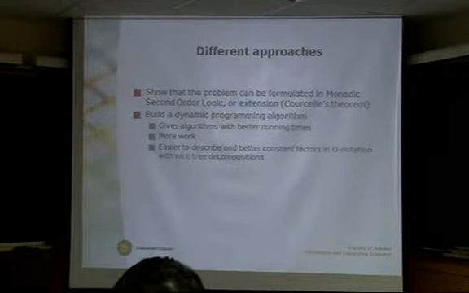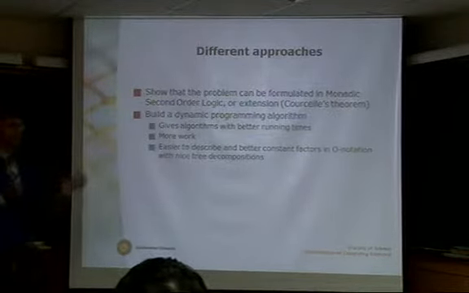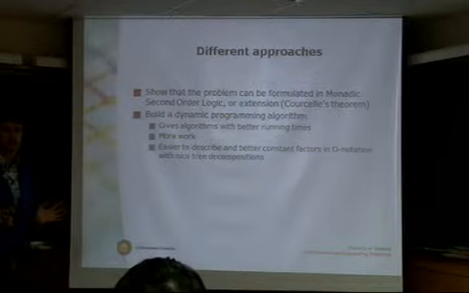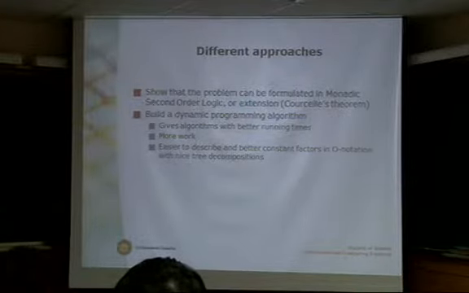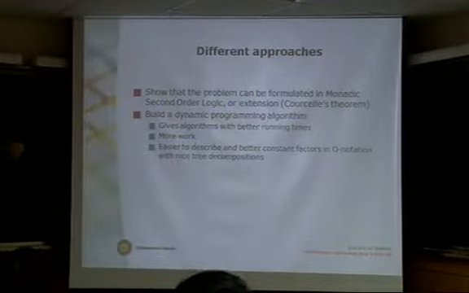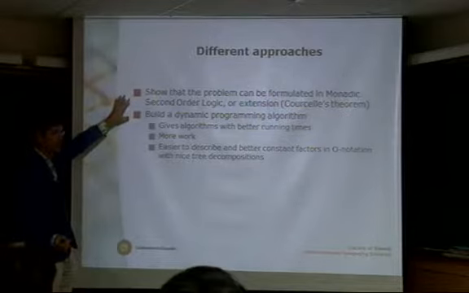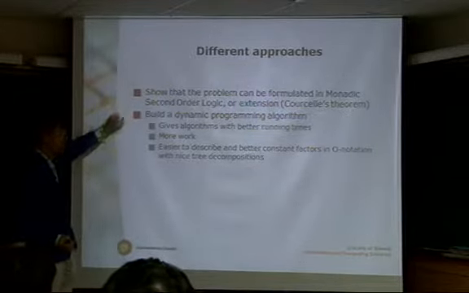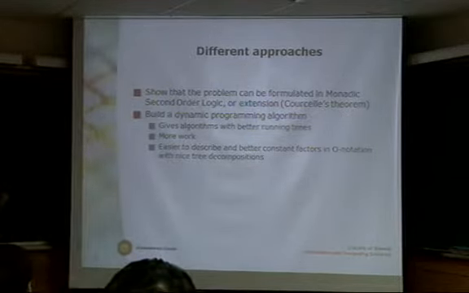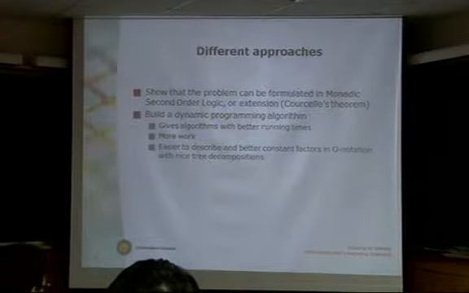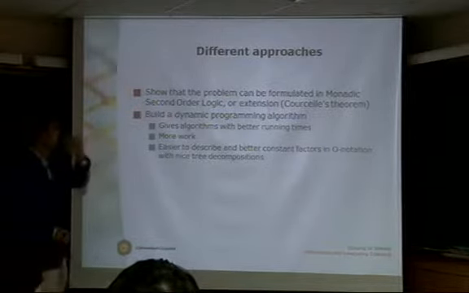So there are different ways of showing that a problem can be solved in linear time if your graph has bounded tree width. I think there are two important techniques. One is to show that your problem fits in some framework, and the most commonly used one is the framework pioneered by Courcelle, monadic second order logic or extensions of it.